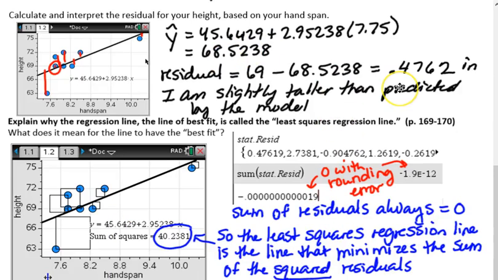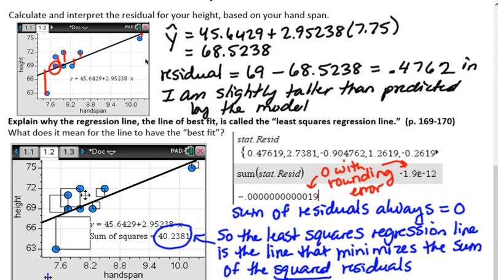Because those always add up to 0, to figure out what the line of best fit is, I obviously want to minimize the residuals as much as possible, but I can't do that by merely adding them up and saying what's the smallest number, because they're going to add up to 0 with the line of best fit.